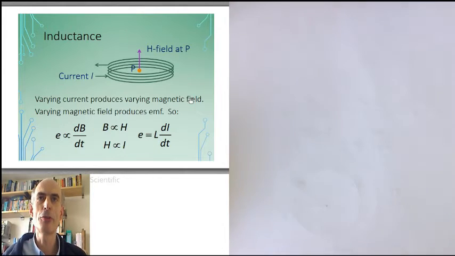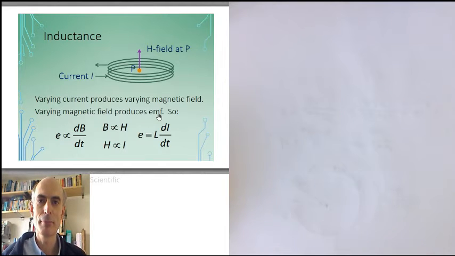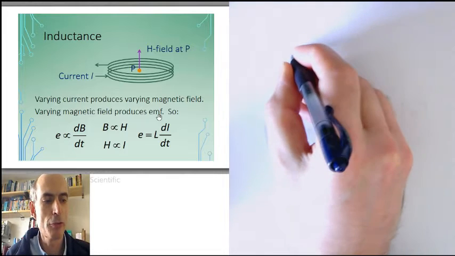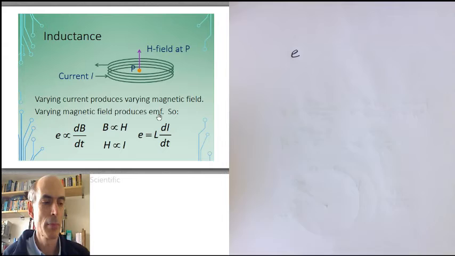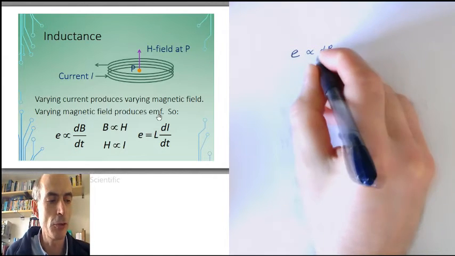And Faraday showed that a varying magnetic field produces an electromotive force, which we can think of when we do circuit analysis as a potential difference. So, we have this expression that this electromotive force, if you like, the voltage across a coil, is proportional to the rate of change of the magnetic field.